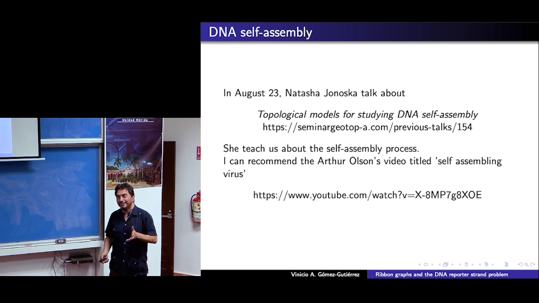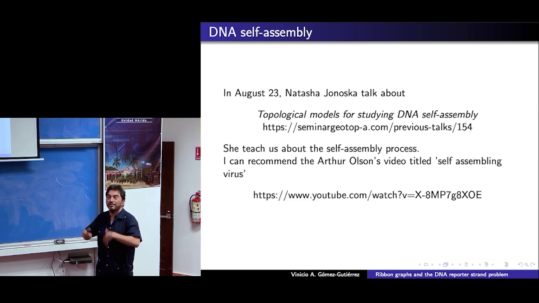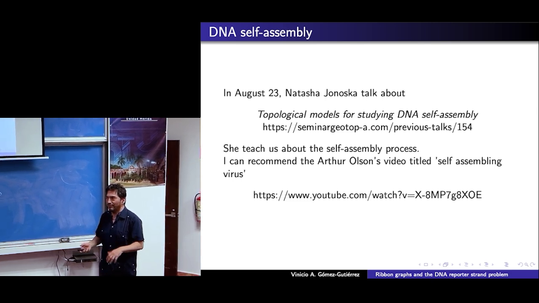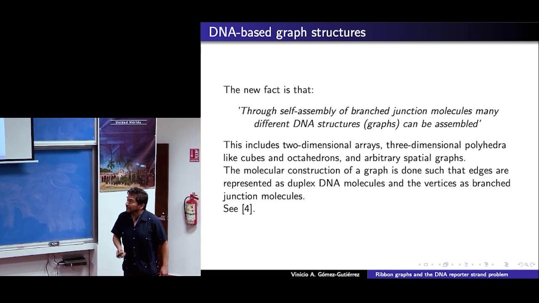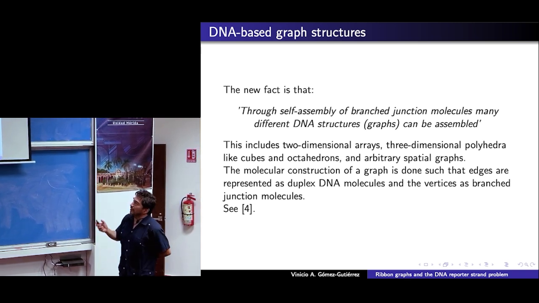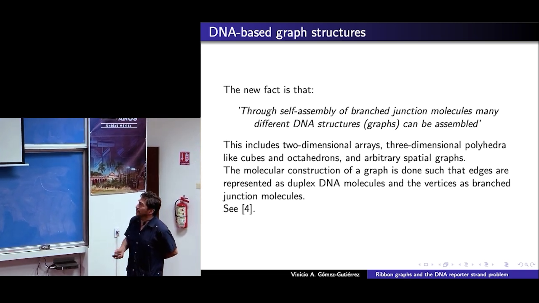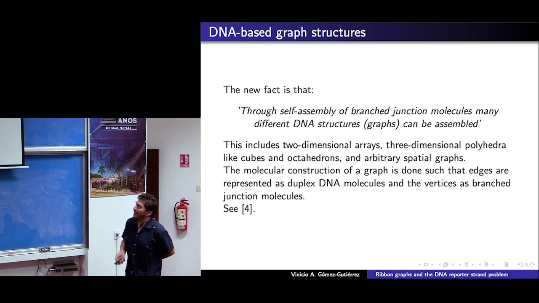What I understand is that self-assembly is how the virus works and reproduces. The new fact is that through self-assembly of branched junction molecules, many different DNA structures, thinking of graphs, can be assembled.